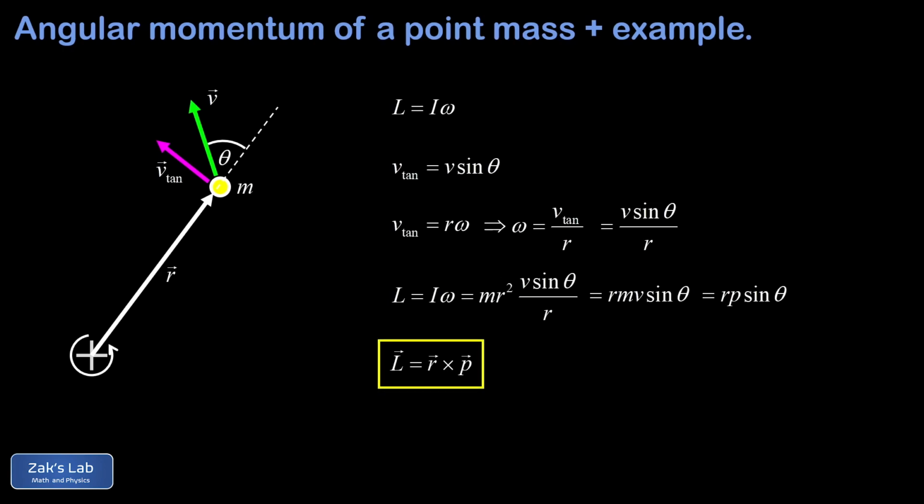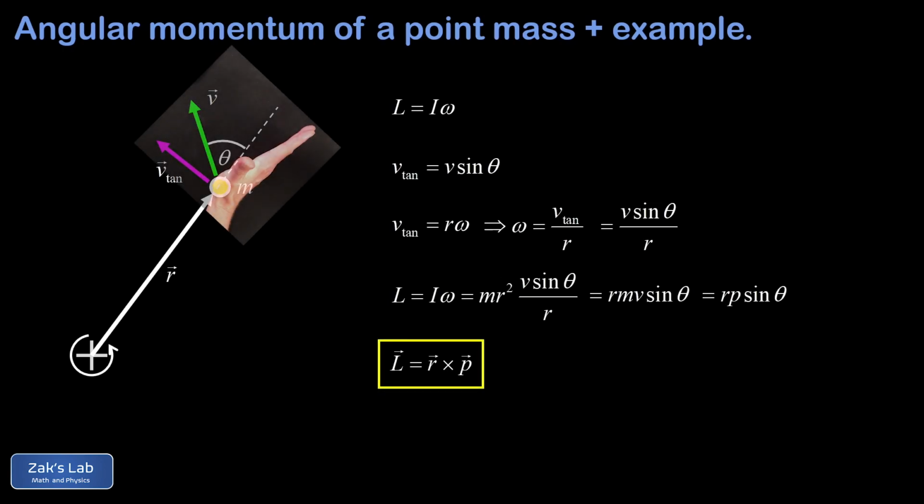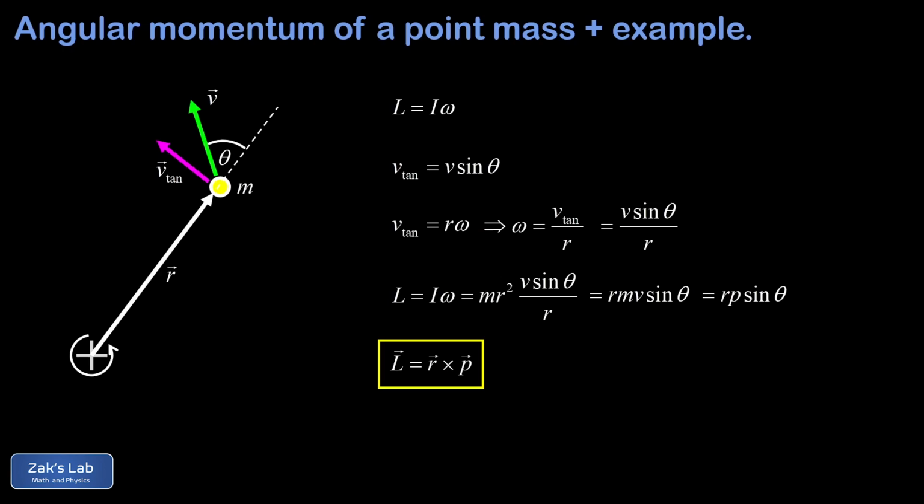And using a right-hand rule to understand the direction on this, we sweep the fingers of our right hand from the direction of r to the direction of p, and our thumb points out of the page. So our formal direction for the angular momentum in this picture is out of the page. But that really just means counterclockwise, which, by the way, is the same direction your fingers curl if you point your thumb out of the page.